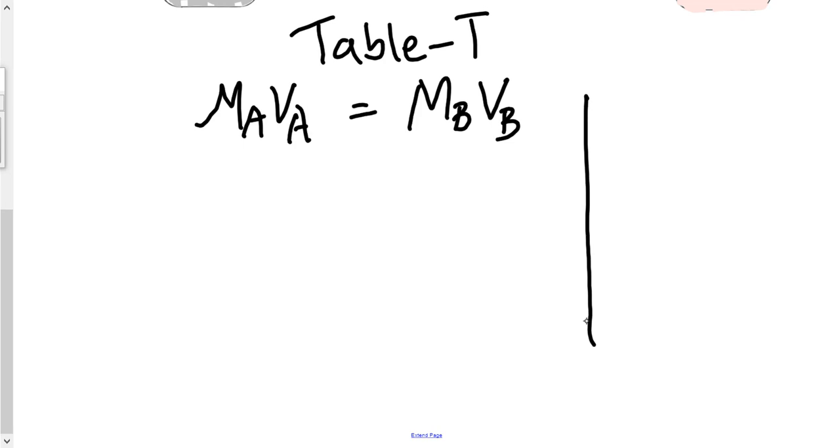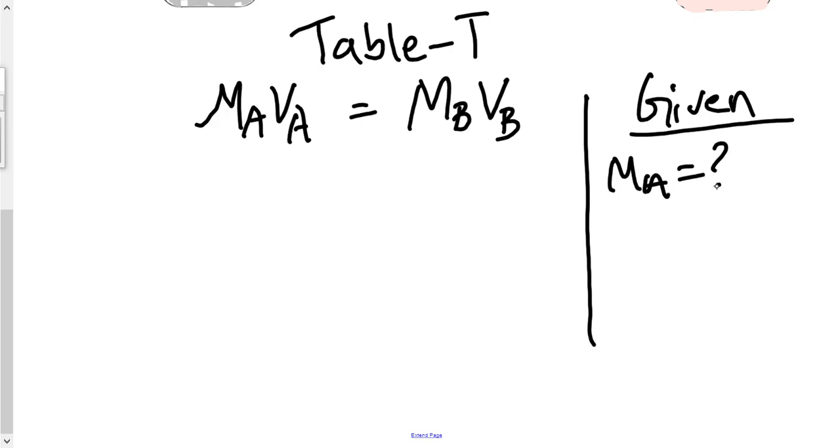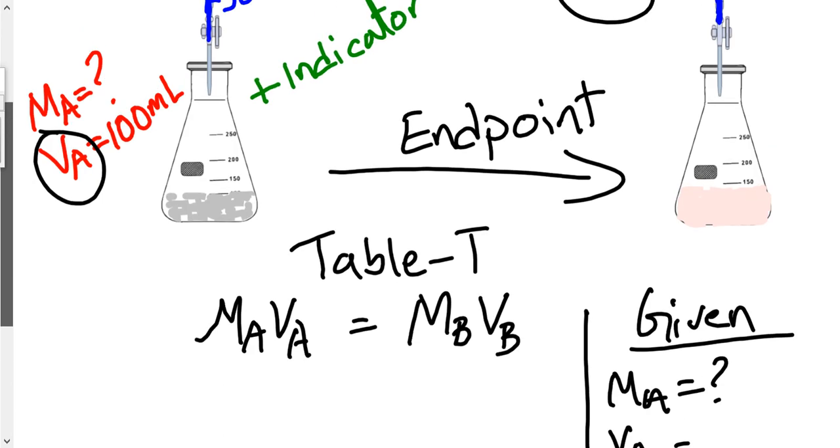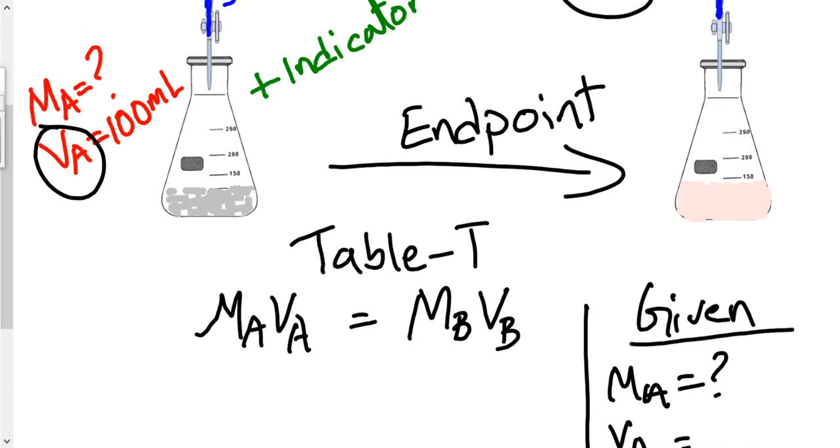I usually write my given on the right side, and in the given part, I don't know Ma, so that is not given. I'm still going to write it down with a question mark. Va was, I have to go back and check, it was 100.